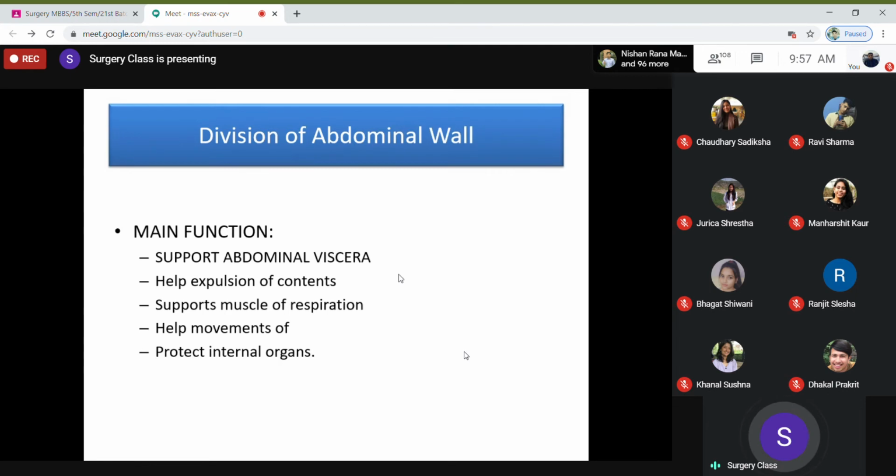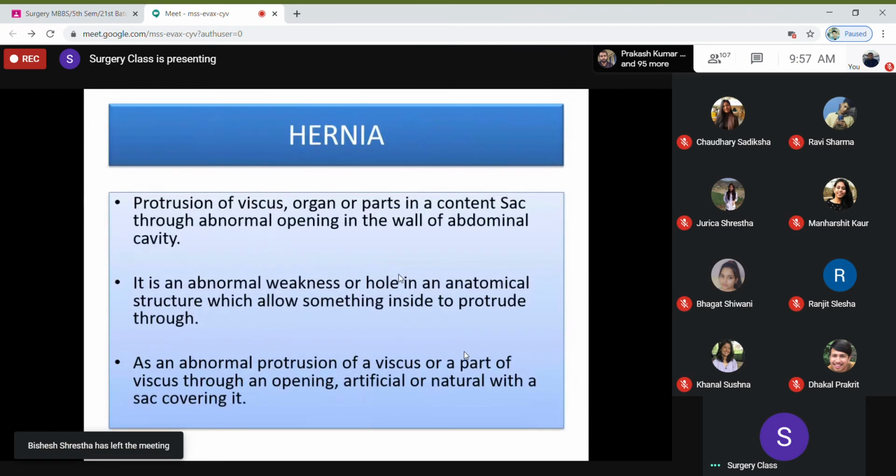And definitely it protects your internal organs. When something is hitting you, you contract your muscles and make them tight, so it protects the internal organs. That's the main function of the abdominal wall, to maintain the position of internal organs and protect them. And sometimes the abdominal wall is useful in maintaining the heat of the abdominal cavity.